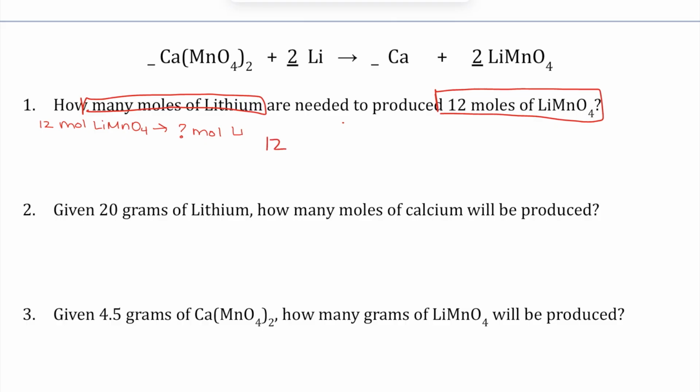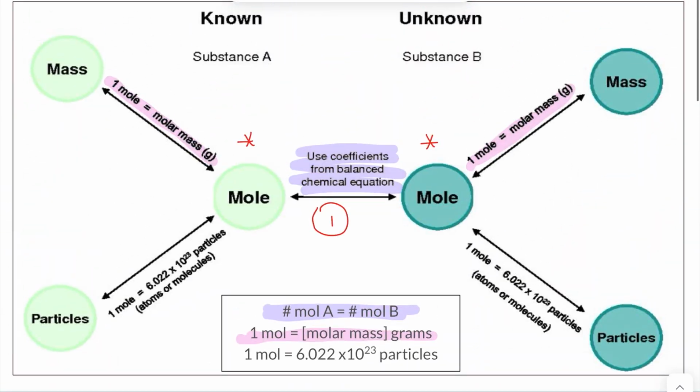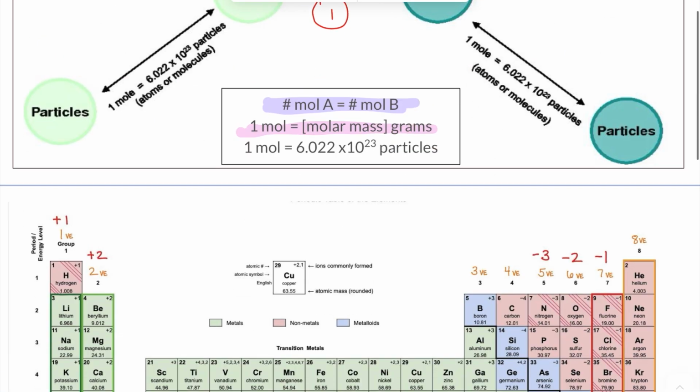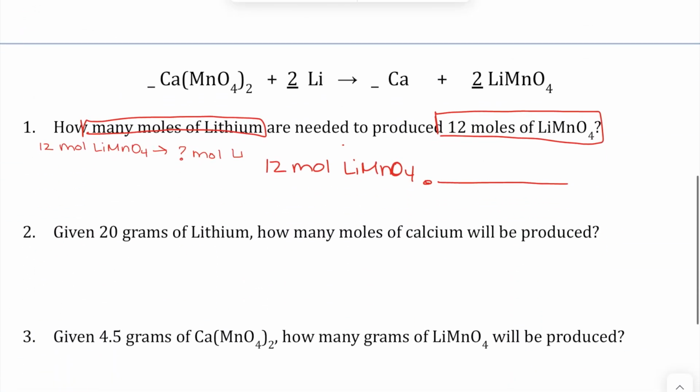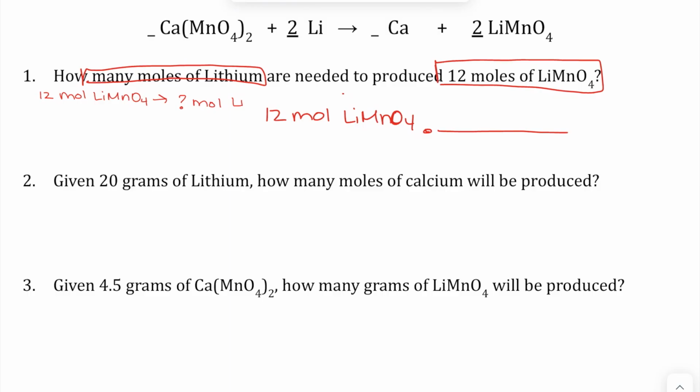So starting with writing my given, 12 moles of lithium permanganate, and now using that mole ratio, using my coefficients from my balanced chemical equation, number of moles of A needs to equal number of moles of B. As we are setting up that conversion factor, remember what we want to end up with goes on the top of the conversion factor. What we want to get rid of goes on the bottom of that conversion factor.